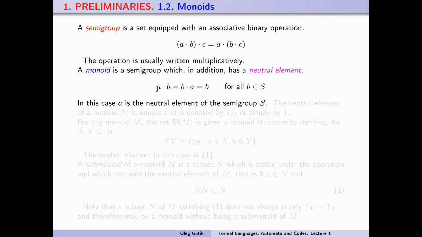An element a of the semigroup S is called a unit or neutral element if the following condition holds: a multiply b is equal to b multiply a is equal to b for all b from S. In this case, we shall call a the neutral or unit element of the semigroup S. The neutral element of a monoid is unique, and later we shall denote it by 1 sub M or simply 1.